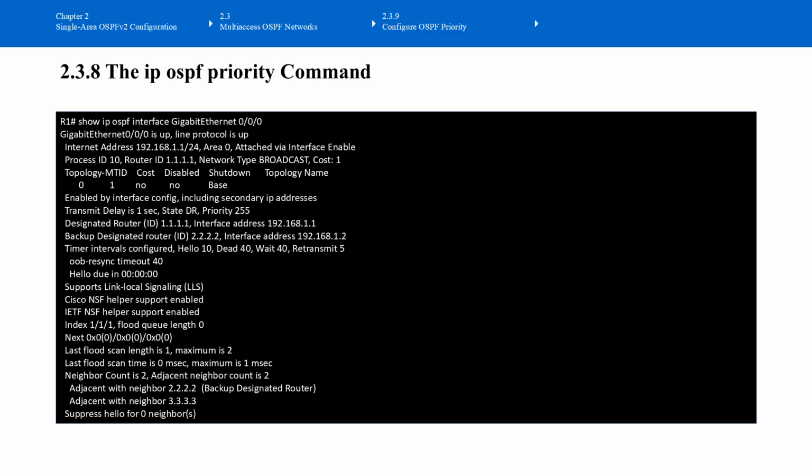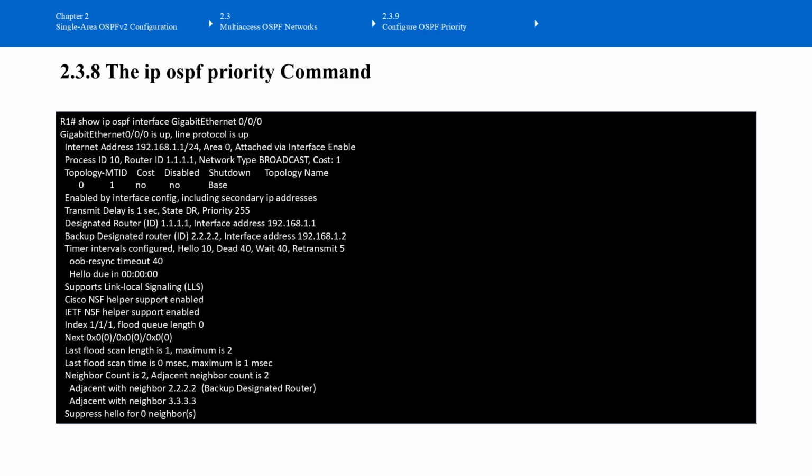This output confirms that R1 is now the DR. Focus on these lines. State DR, priority 255. This means R1 is the designated router because we configured its OSPF priority to 255. The designated router ID is 1.1.1.1.